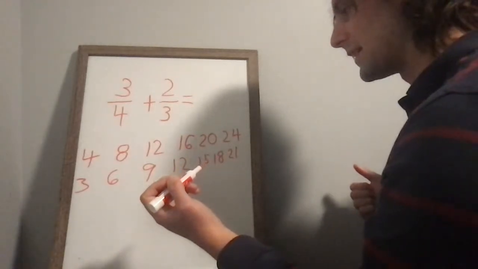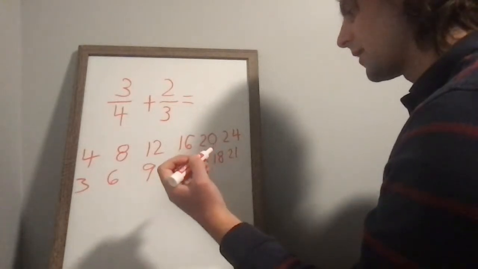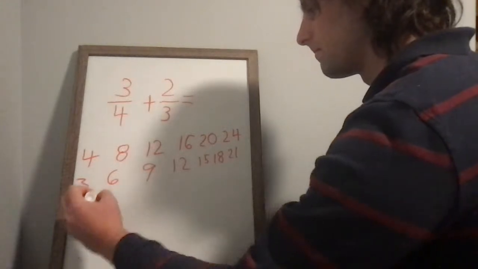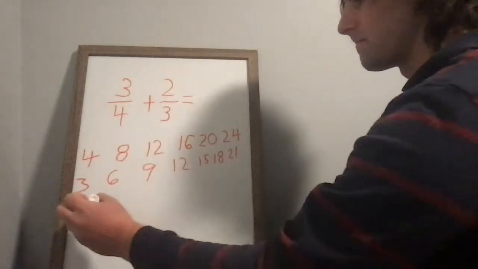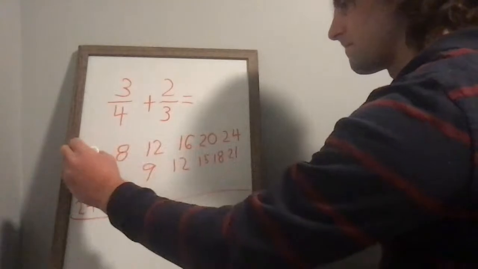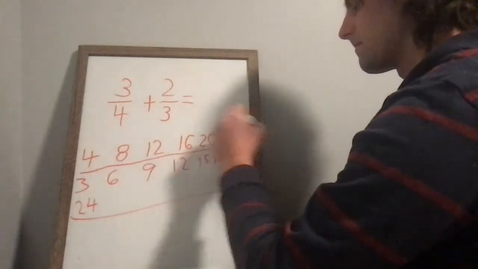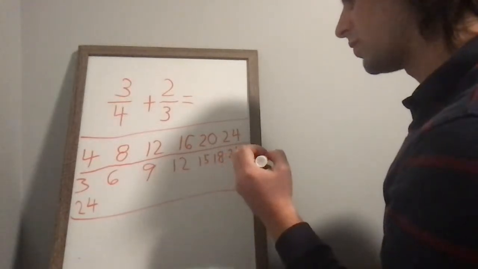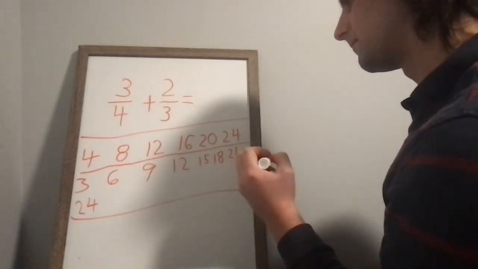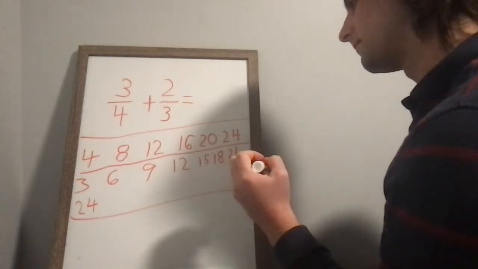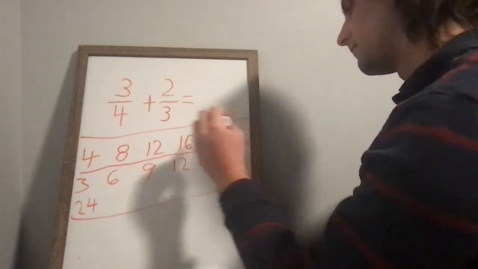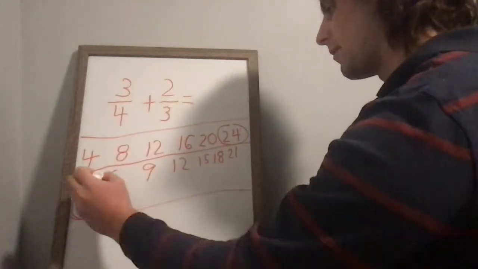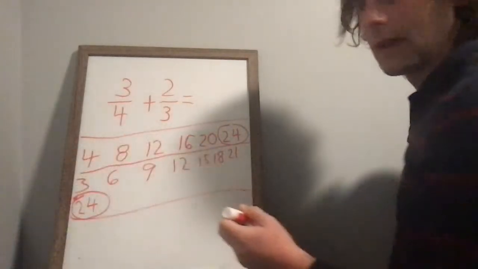I'm kind of packed for space here, but if I want to go down to the next line, all right, 24. So we have a common multiple now. 24 is the least common multiple for 4 and 3.